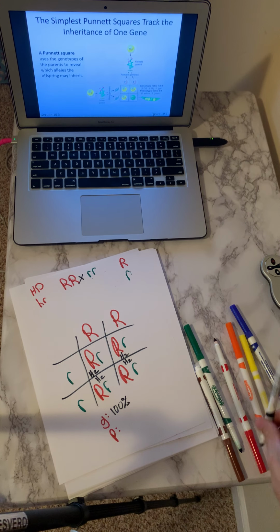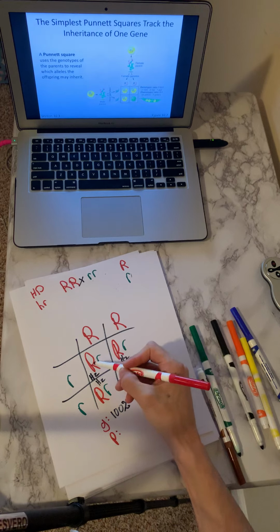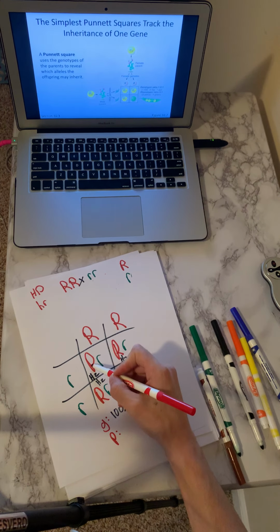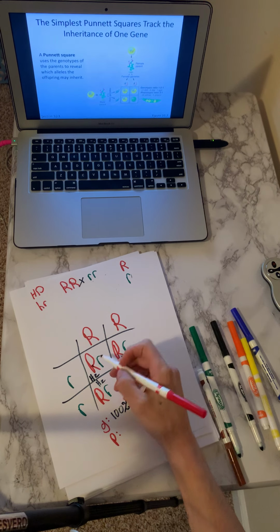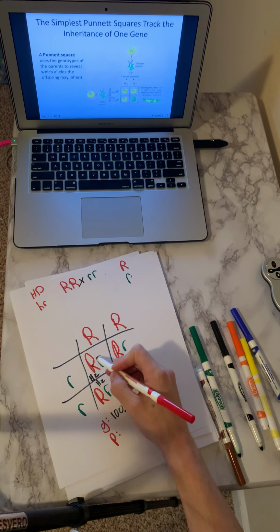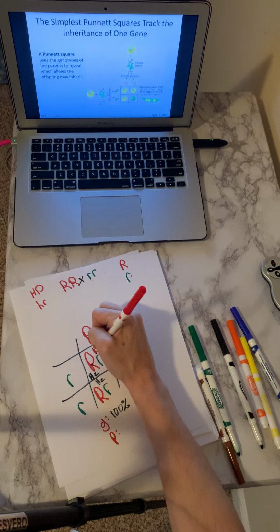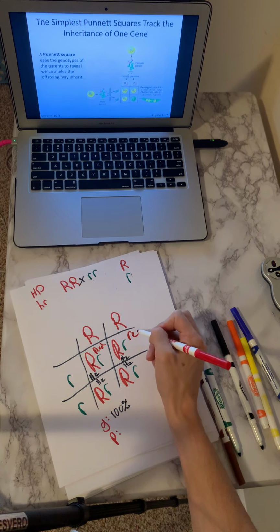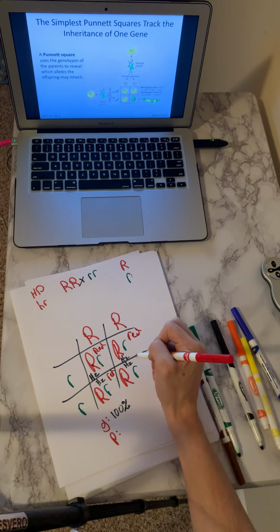Now let's talk about what these guys look like. Well, homozygous dominant, recessive. Oh, nope, it's heterozygous. In this case, we've got a dominant gene and a recessive gene. We know that the dominant gene overpowers the recessive gene, so this organism is red. Same here, dominant overpowers recessive, red, and red.